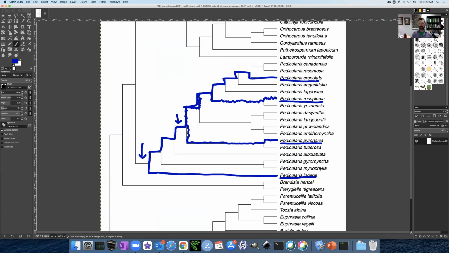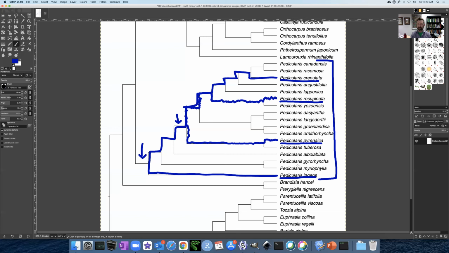So that's the most recent common ancestor of the genus Pedicularis. And now the question is, are they monophyletic? For them to be monophyletic, the ancestor would have to give rise to only species in the genus Pedicularis, and we wouldn't have any Pedicularis species located outside of this clade.